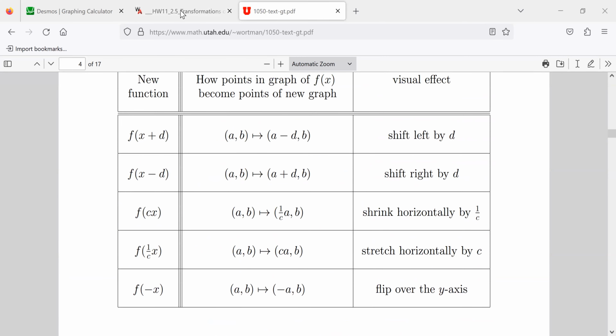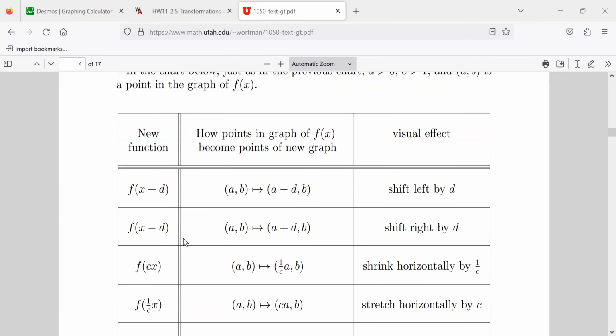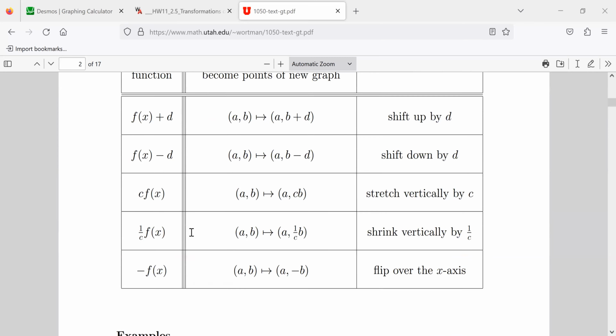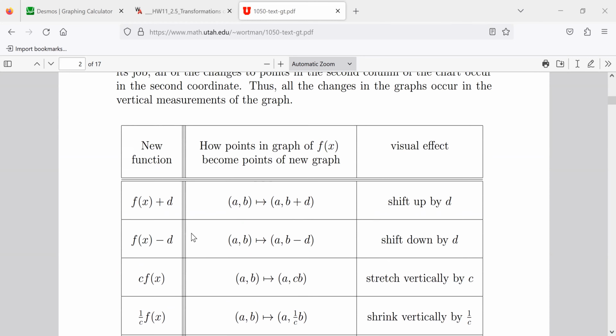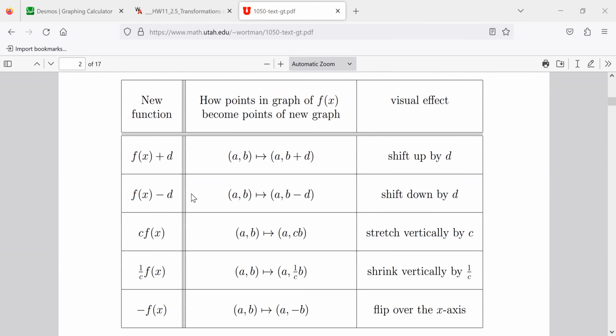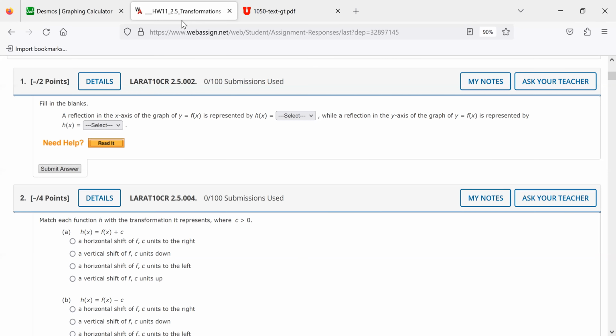Here we go. That's the horizontal shift, and then this is the vertical. All right. So the reflection is going to be caused by which one? Do you remember?